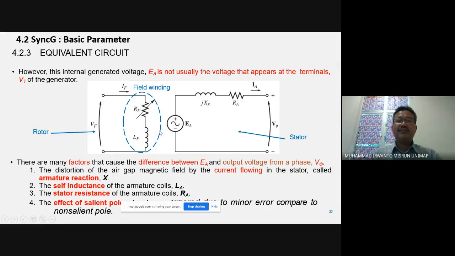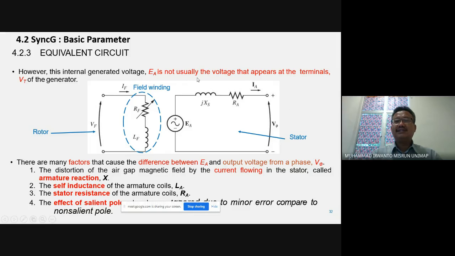If this winding of the rotor is supplied by the field voltage, then current can flow through the rotor winding, and the current can be called IF, field current.